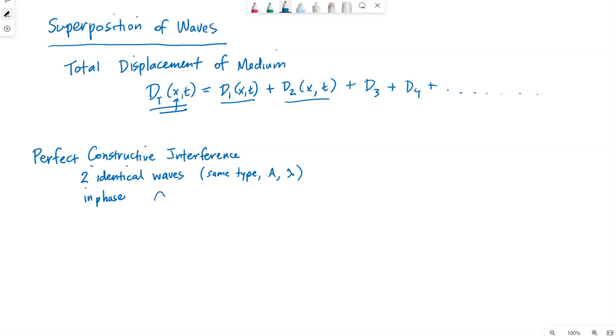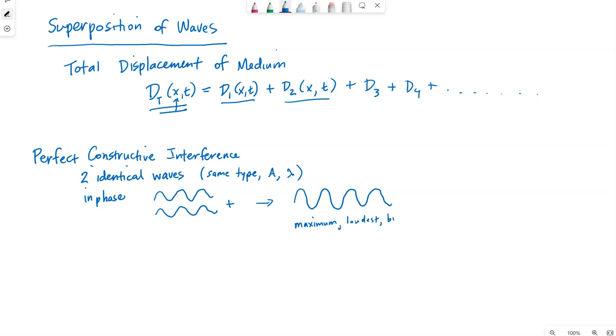So both of them have a peak at the same location, and the trough at the same location. When they're added together, we get one wave with twice the amplitude. It still has the same wavelength and same frequency. So we call this a maximum, or if it was sound, it would be the loudest sound.